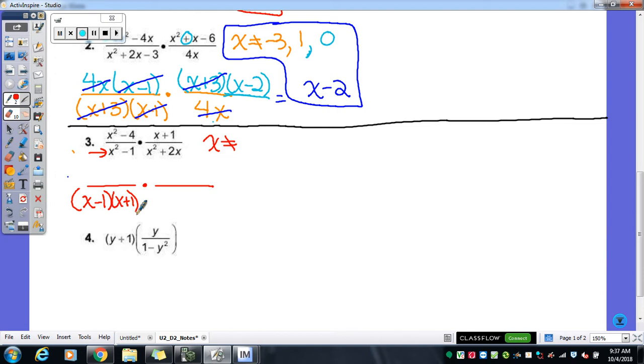And again, the order doesn't matter, whichever way, as long as they're both there. So if we set these equal to zeros, what values do we get? 1 and negative 1. So there's our first restrictions. X can't be 1 and x can't be negative 1. How about the second denominator, the x squared plus 2x? Do we have a GCF?